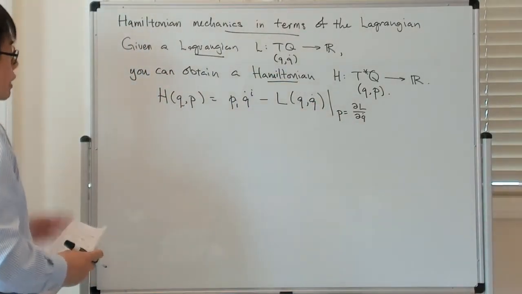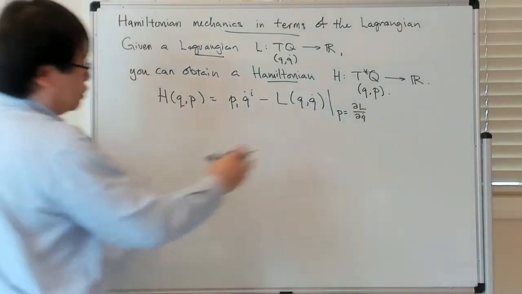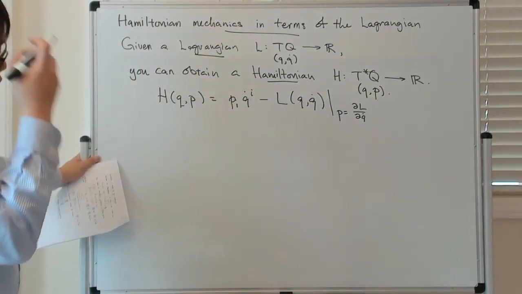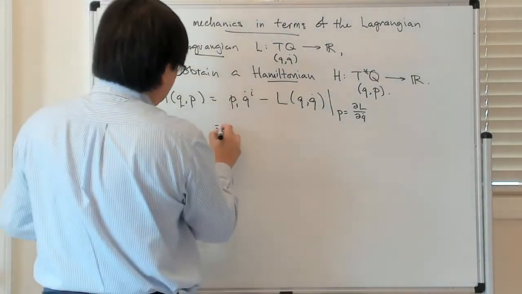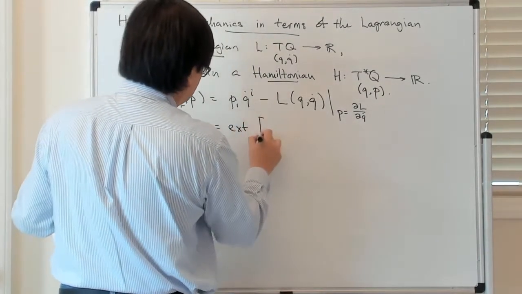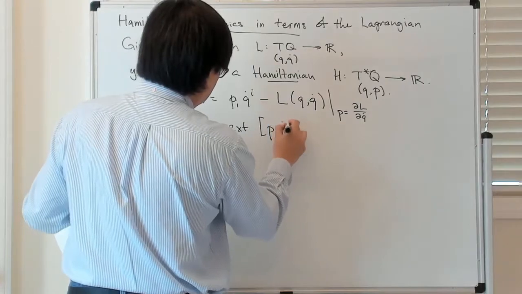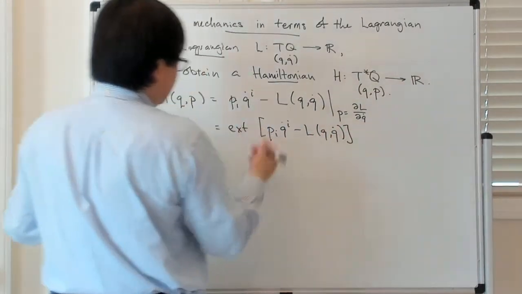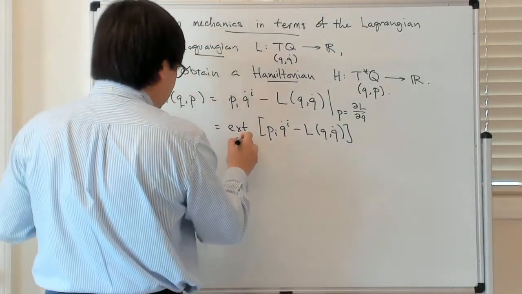Okay, and then more generally speaking, if you don't have the invertibility of the Legendre transform, you can write the Hamiltonian as the extremum of the same quantity, p_i q dot^i minus L(q, q dot), but where you take extrema over Q dot.